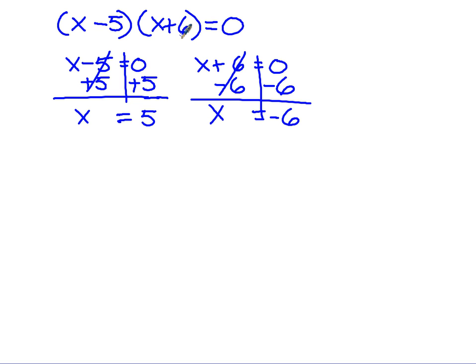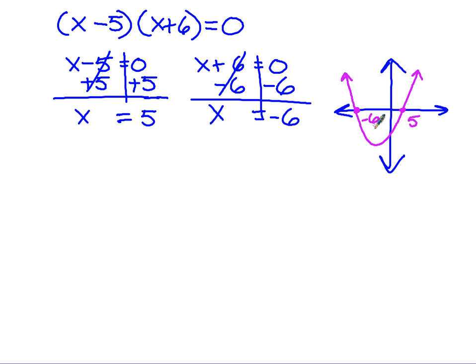So since that's positive 6, the answer is negative 6. If you were to graph it, and you don't have to, the two solutions, roots, zeros, whatever you want to call it, would be 5 and negative 6. All right, let's try another one.